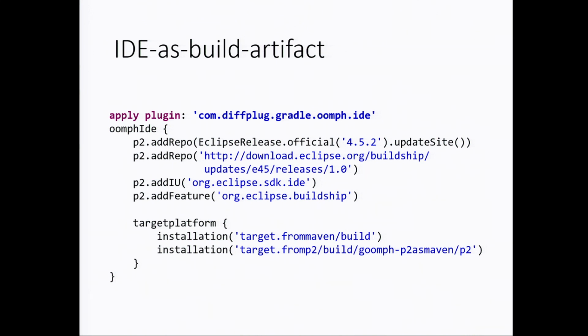We've got a totally separate line that is much less capable than what the full Oomph can do. But we're working on it. Hopefully we'll be able to combine our efforts so that everything you can do in Oomph, you'll be able to do in Goomph, and you'll be able to have your whole IDE set up and encoded right there inside of your build file.